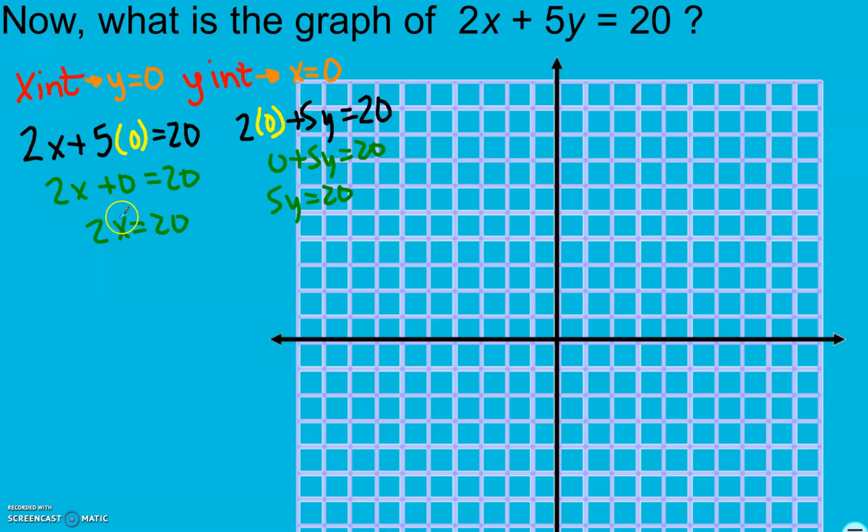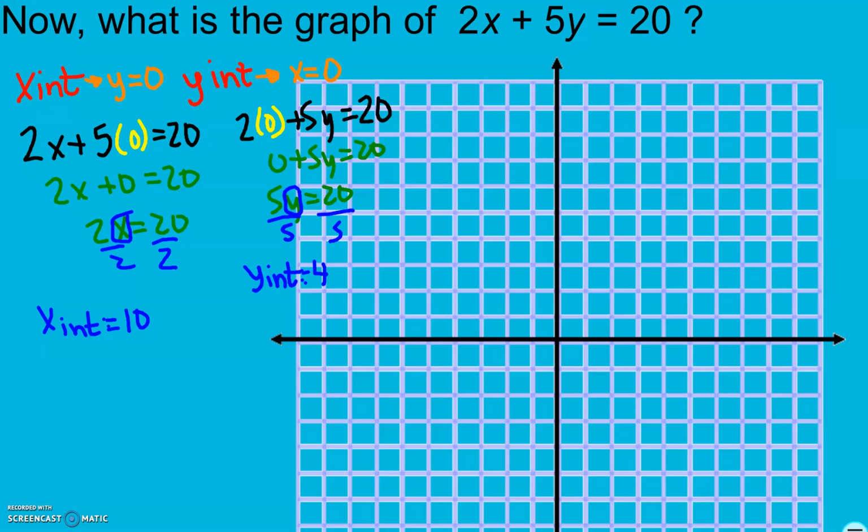X is being multiplied by 2, so we go ahead and divide. And I get an x-intercept of 10. Y is being multiplied, so we go ahead and divide. And I get a y-intercept of 4.